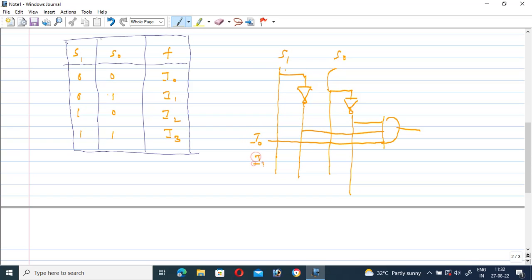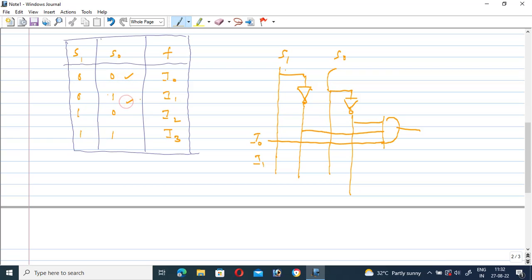Next, I1 is selected when S0 is 1 and S1 is 0. These two cases are over.